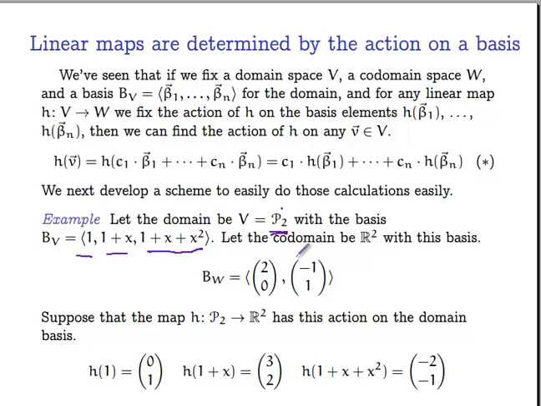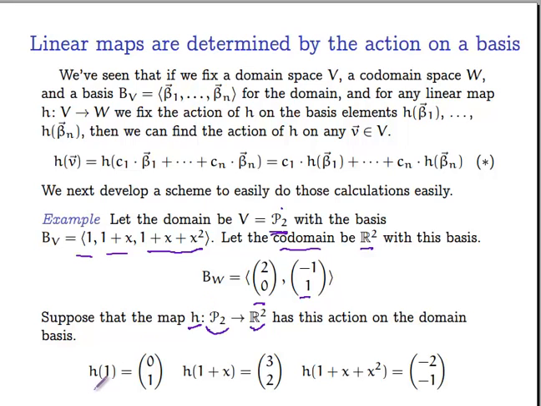On the other hand, let the codomain be R2, and we'll choose this basis, (2, 0) and (-1, 1).